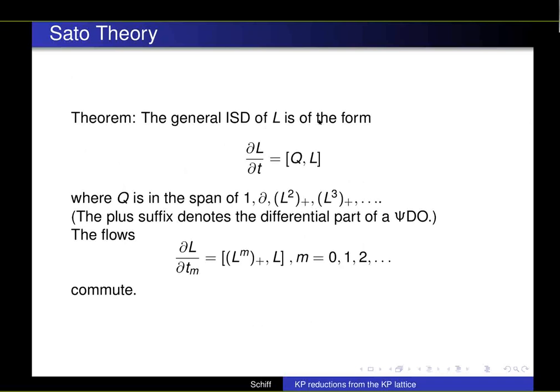The general isospectral deformation takes the form dL/dt equals the commutator of two operators, Q and L, where L is pseudo-differential, but Q is actually differential. And it's the span of L squared plus, L cubed plus, and so on. What does this plus mean?